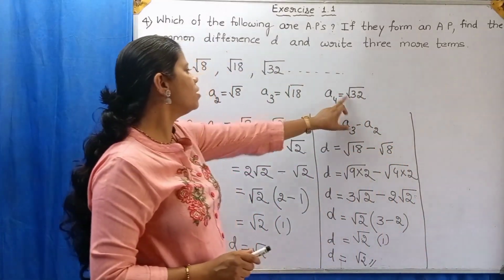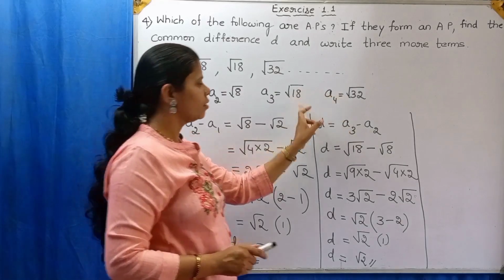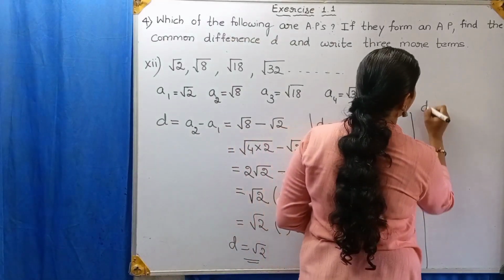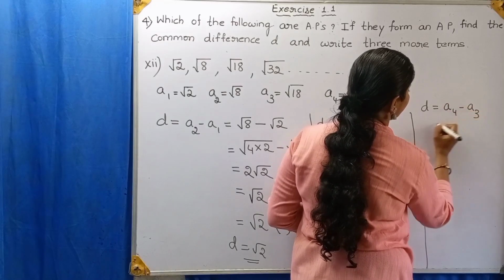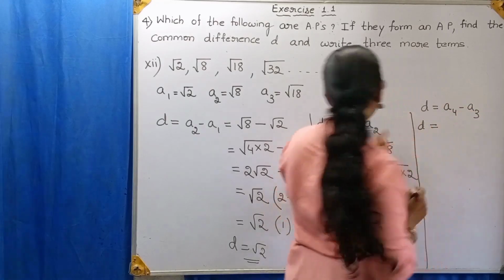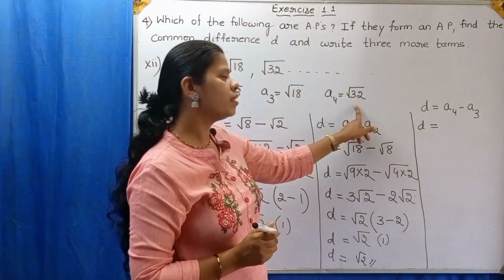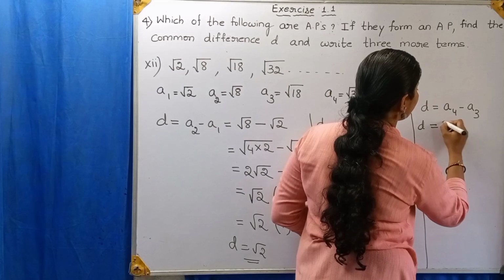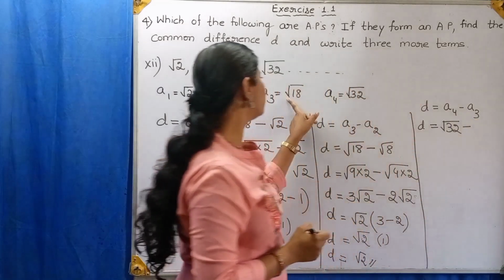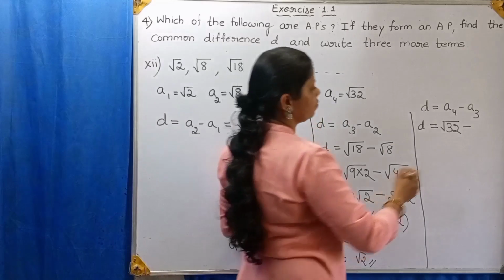Now let me find out the difference between these two. d is equal to a4 minus a3. See, a4 is what? Root 32. Root 32 minus a3, which is root 18.